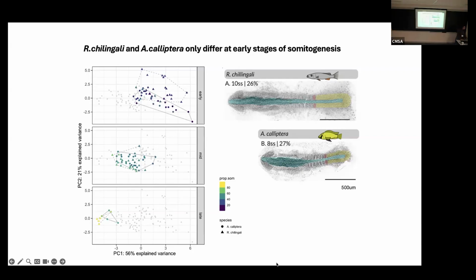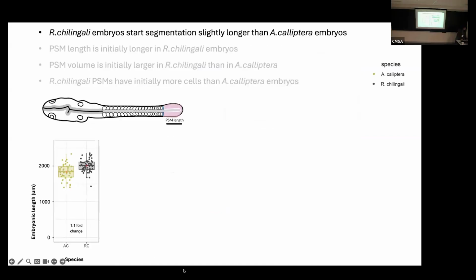I've shown that embryo length is a little bit larger in Rhamphochromis than in Calyptera, but not that much. So the PSM is disproportionately larger in this species than in Calyptera at the onset of segmentation. To answer your second question, I don't know, I'll come to this in 2 slides, but I don't know whether we can generalize. I'll give you reasons for that in a second.